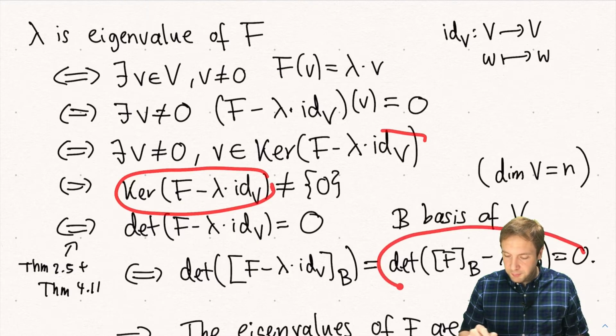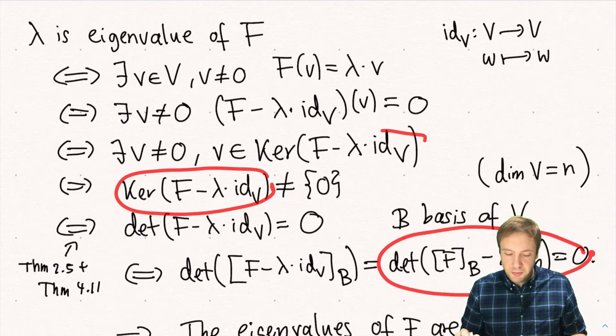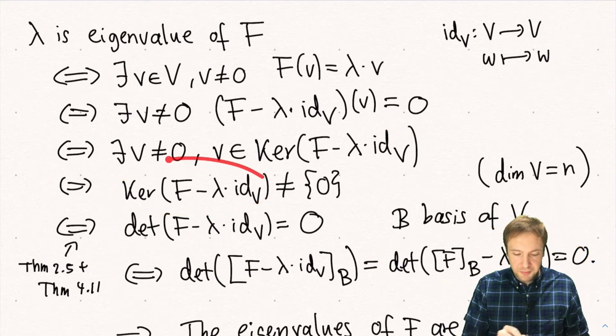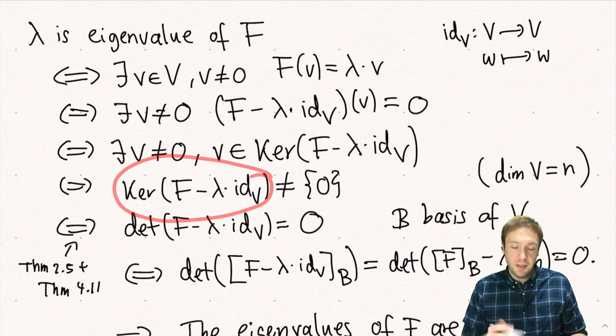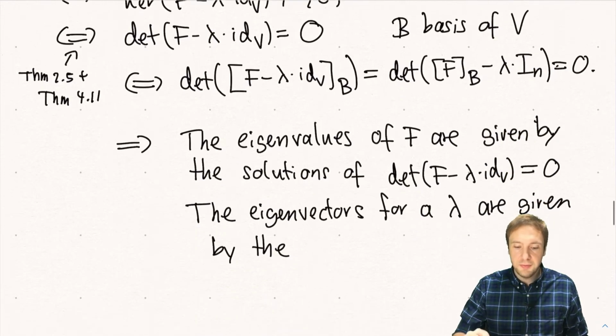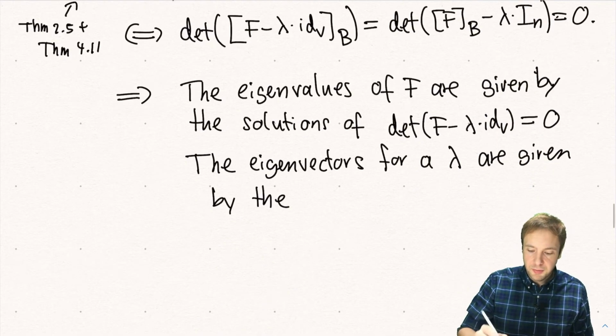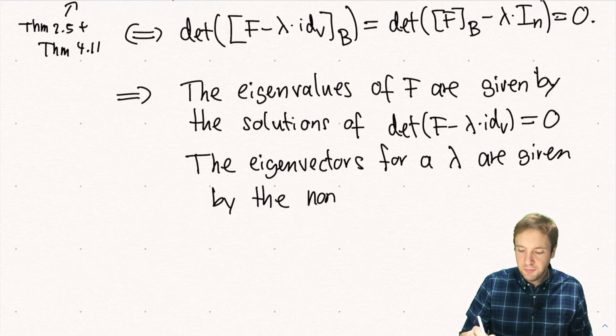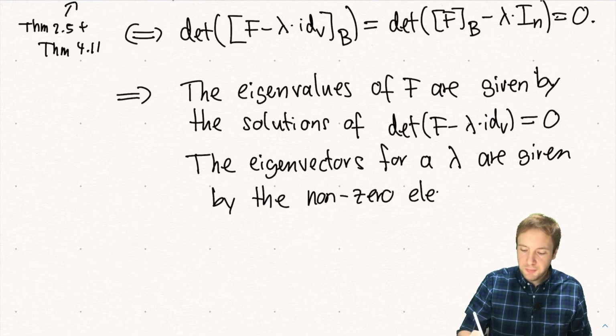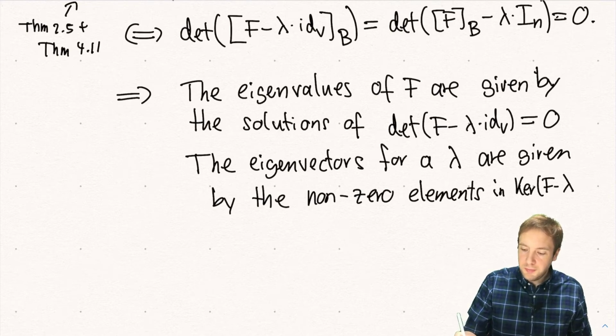When this determinant is 0, this meant exactly that this kernel is non-zero, so the non-zero elements in this kernel are exactly the eigenvectors for this eigenvalue lambda. So the eigenvectors for lambda are given by the non-zero elements in the kernel of F minus lambda times the identity.